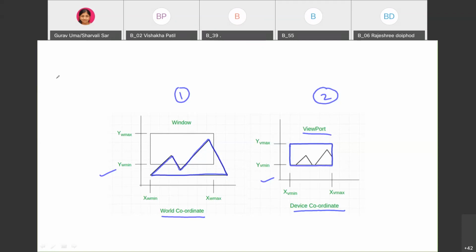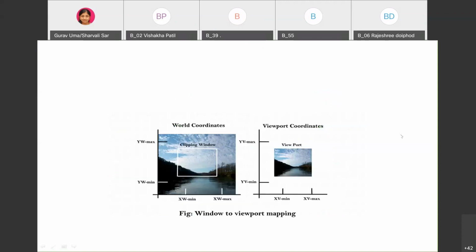Now we will see another example. Now see, this is the other image. Say there are two images. I will refer to this as 1 and this as 2. In the first image there is a whole real life image.